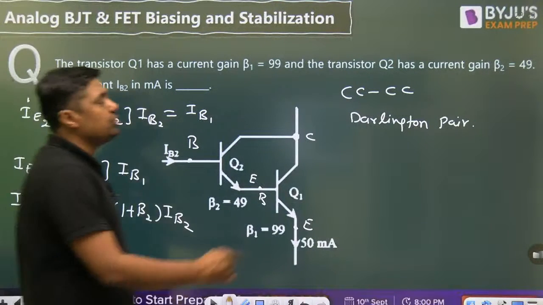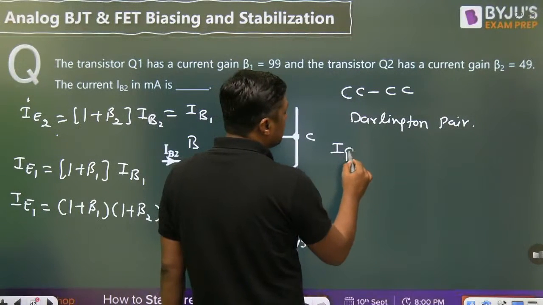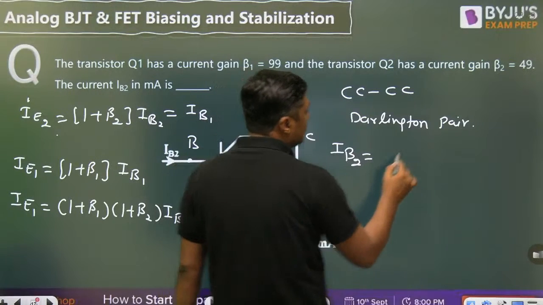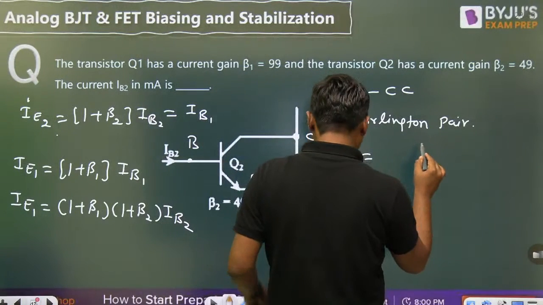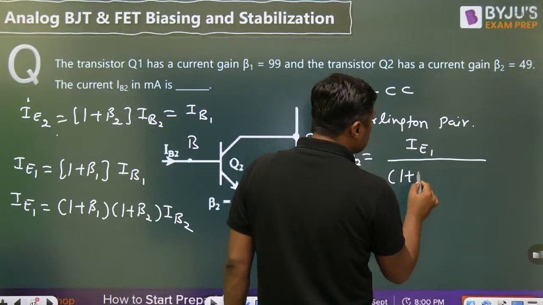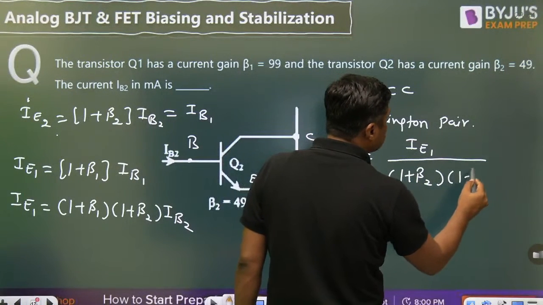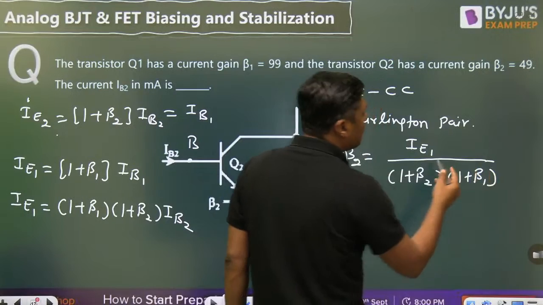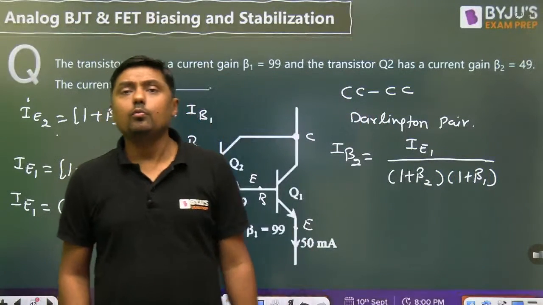What is IB2 equal to? IB2 is equal to IE1 divided by 1 plus beta 2 into 1 plus beta 1. Very, very simple formula.